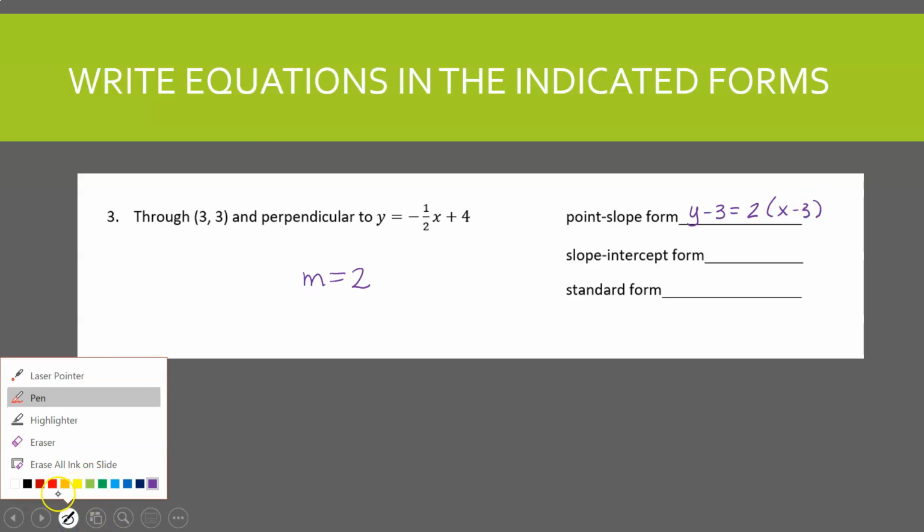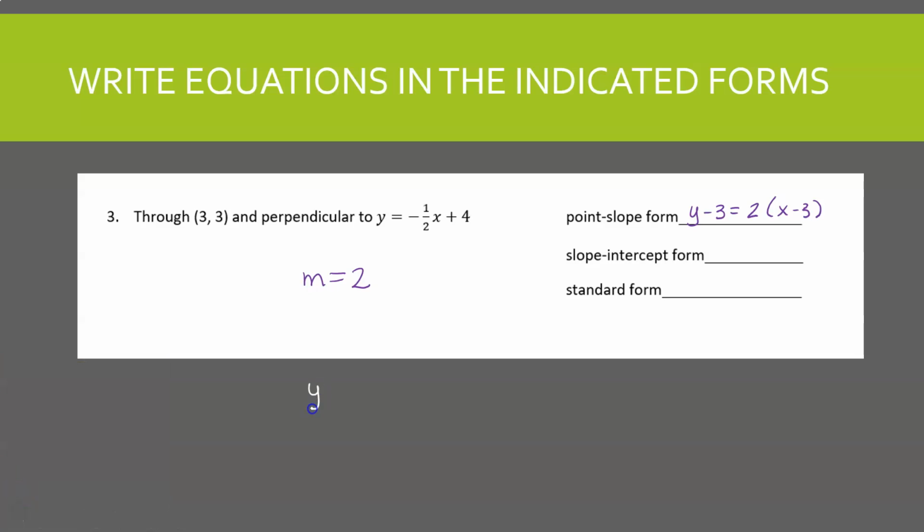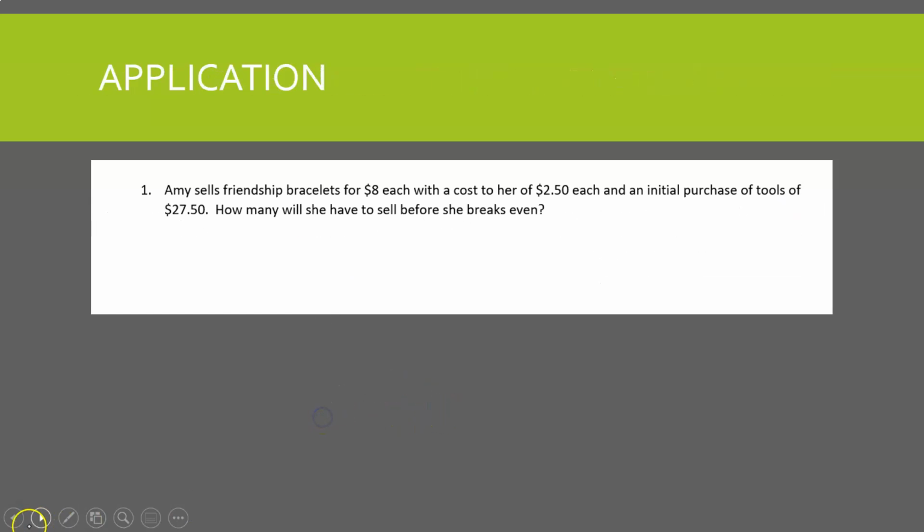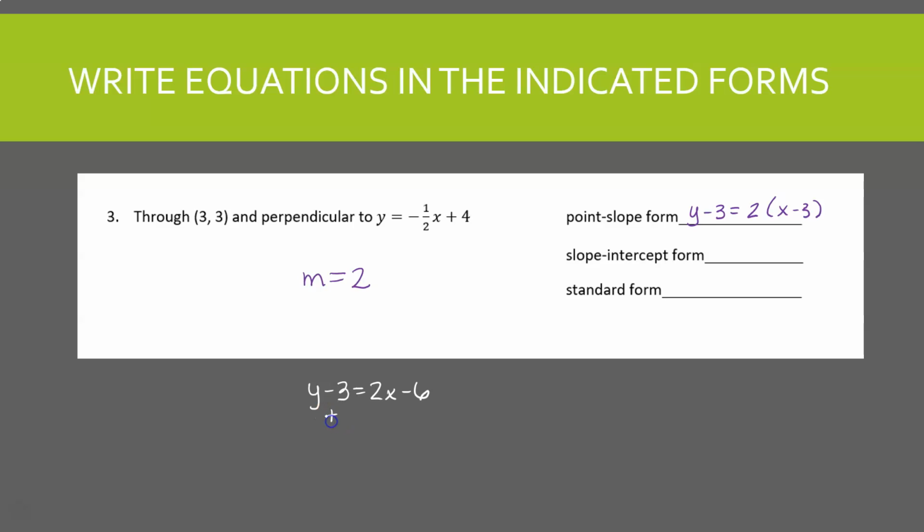Slope-intercept form, we are just going to simplify this. I'm going to add 3 to each side. So y equals 2x minus 3, sorry, minus 6. Negative 6 plus 3 is negative 3.